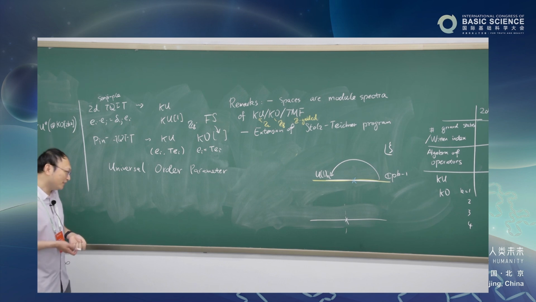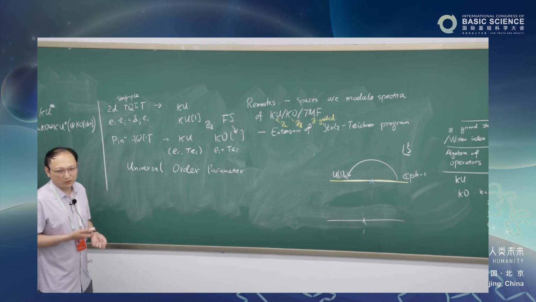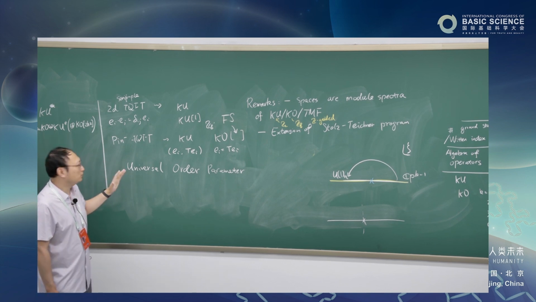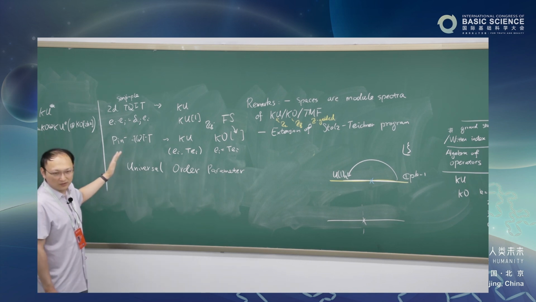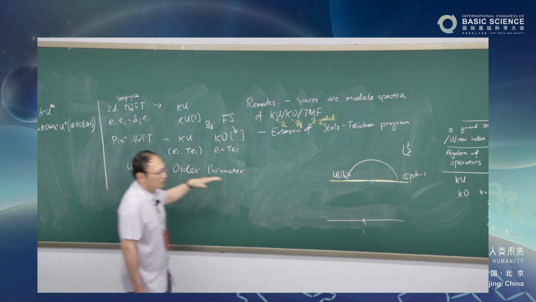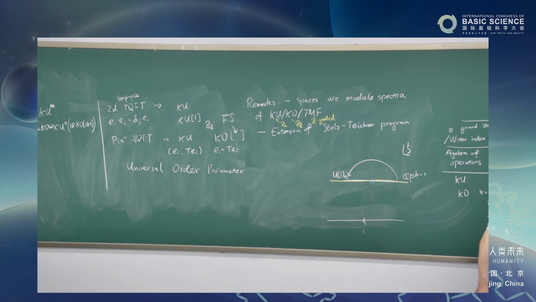And then there's maybe some problem in defining it mathematically in the framework of, let's say, Lurie, this category. But you should view this as something compatible with the categorical picture. Namely, for each object in the category, that generates one copy of KO. For two objects related by time reversal, that generates a KU.